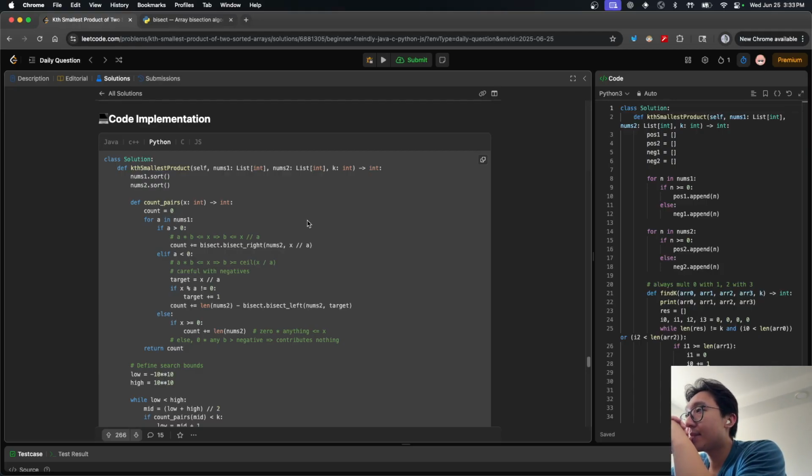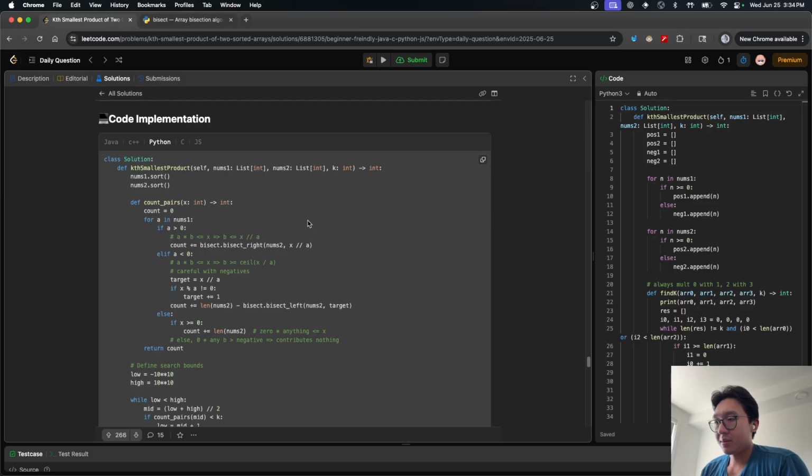So you're trying to find a nums2, but why are you using bisect? I mean, you have a target x, right? And then for each number in nums1, you want to divide by a, so you can find the matching product in nums2, right? That's why I divide.